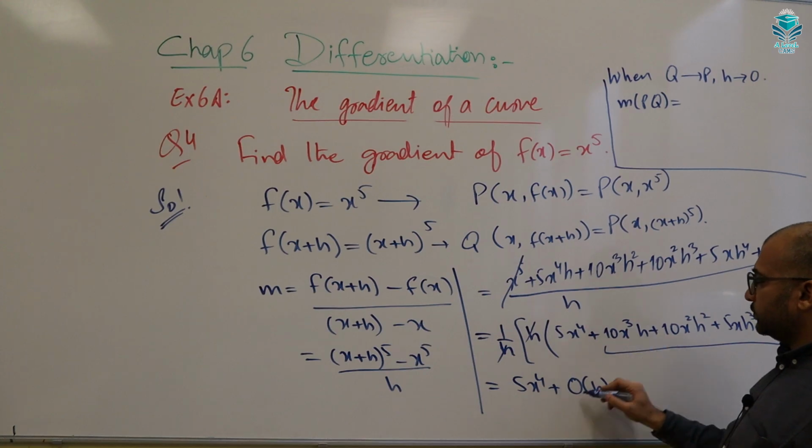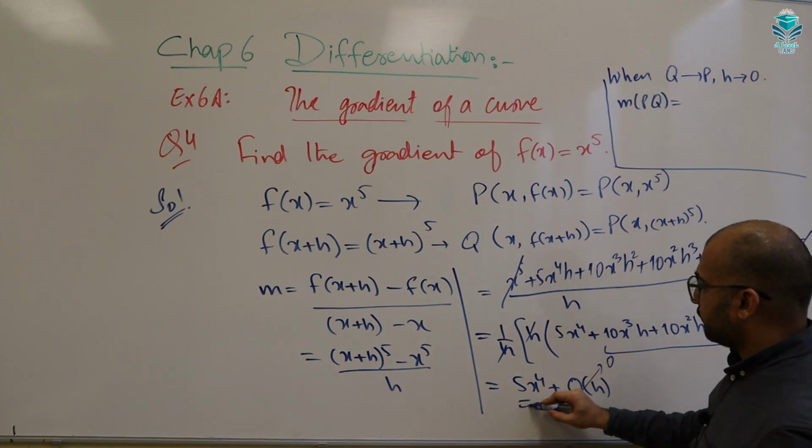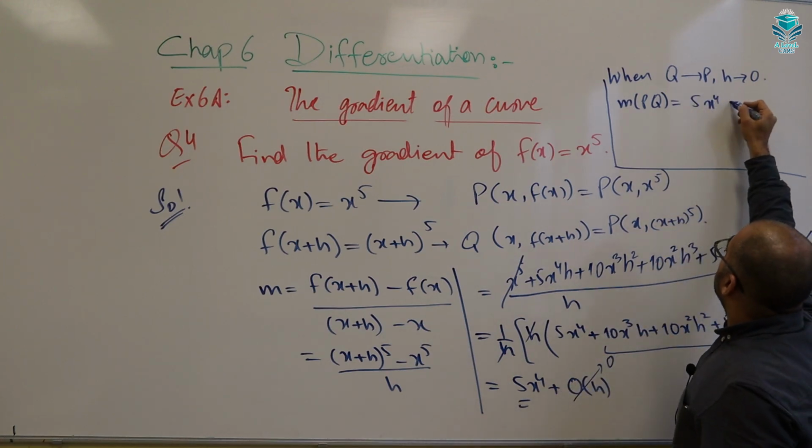So when you substitute 0, those terms will be 0 and we have only 5x4.